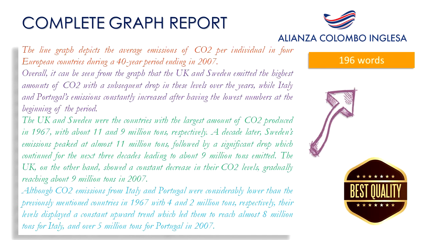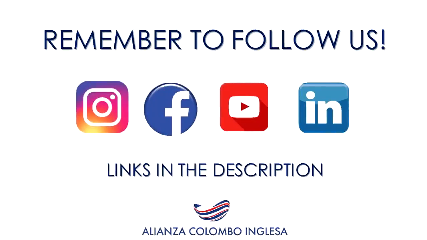So as you can see, this is how the final graph report should look like. Appropriate paragraphing, sufficient description, an overview, and in this way, the task number 1 of academic writing for IELTS is complete. This concludes our series on graphs for IELTS Academic.